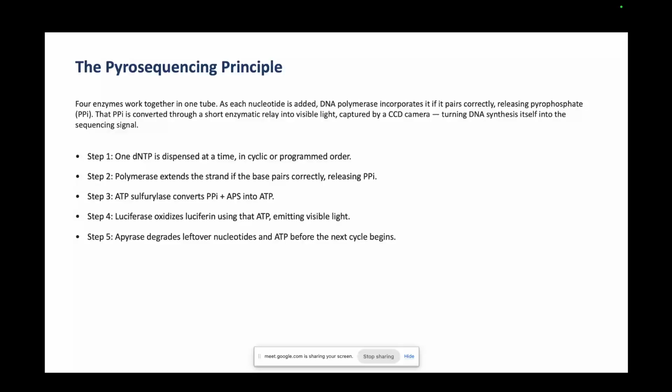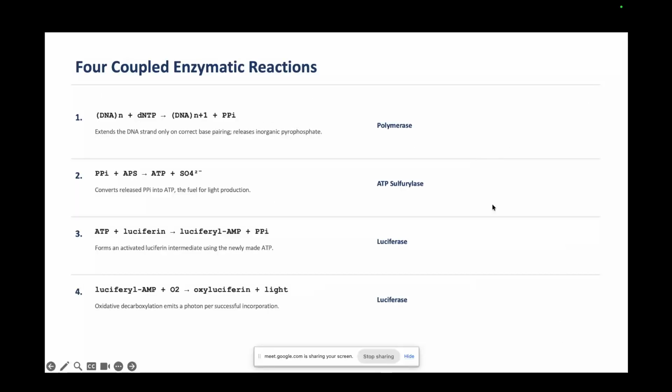Now, this ATP will react with the luciferase enzyme in the solution, and it will produce luciferin, which will be emitting visible light, which will be captured by the high definition camera which you will have. And in the next step, you have to wash away the leftover nucleotides using apyrase. Okay, so these are the four basic coupled enzymatic reactions.